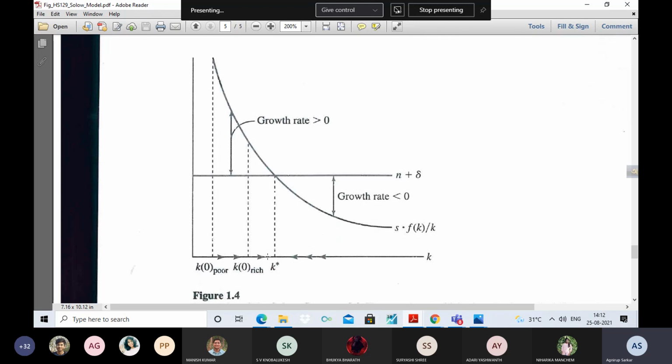Alternatively, if you are looking at a country with a higher initial capital to labor ratio, then that country's growth rate of capital to labor ratio would be lower. Hence, convergence would be possible.